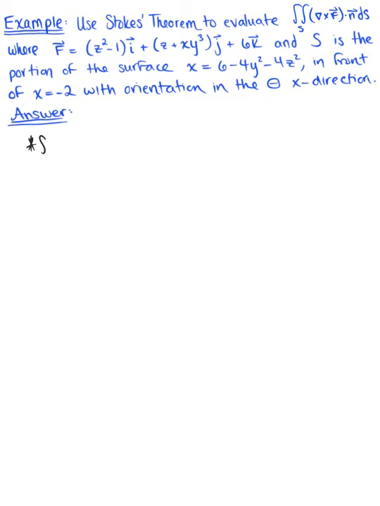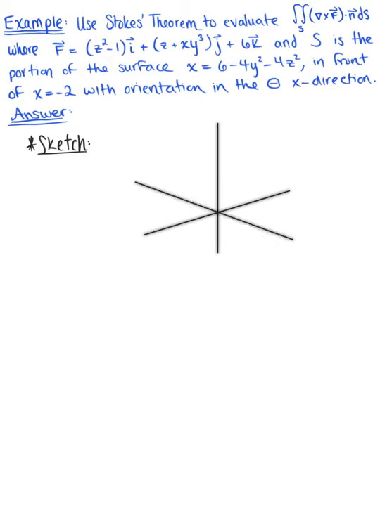Let's think about what the sketch looks like. So we know that we are in space. We have our z-axis, the x-axis, and the y-axis. And we know that our surface here is the portion of a paraboloid.